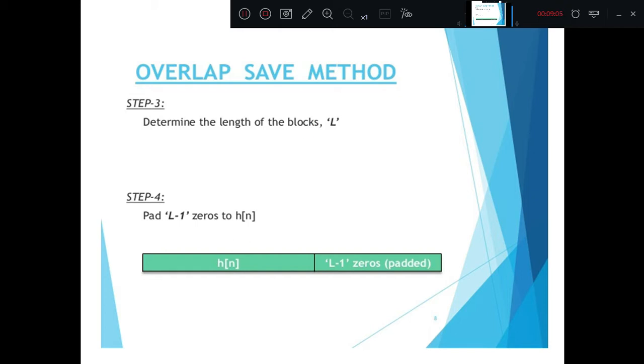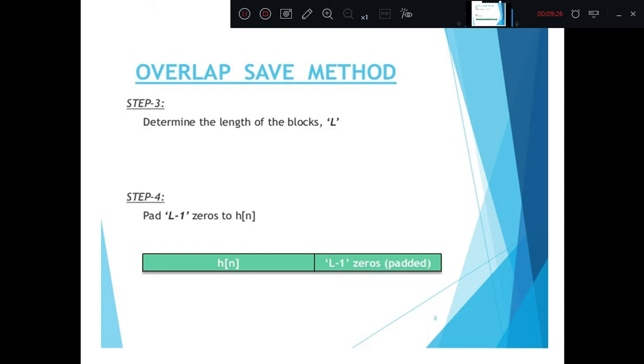So we have to make the length of h of n also 5. Here we already have 3 samples. Next, to make 5, we have to add L minus 1 zeros to h of n, and this L is nothing but the length of a small block after dividing x of n.